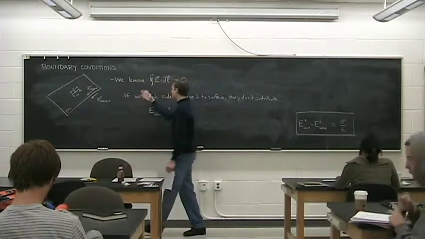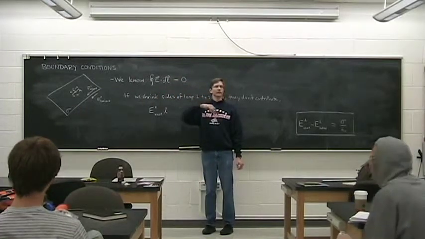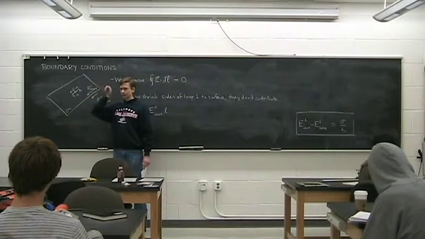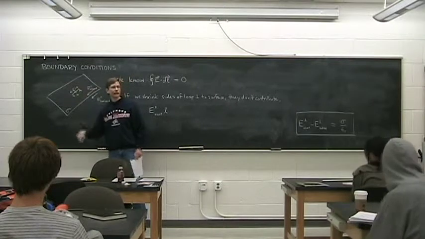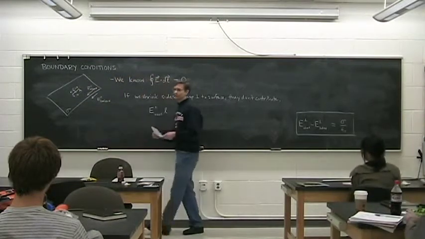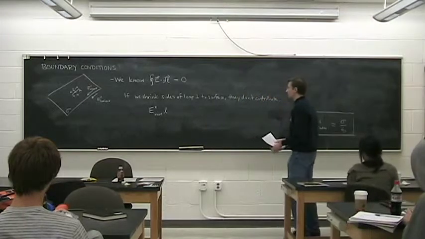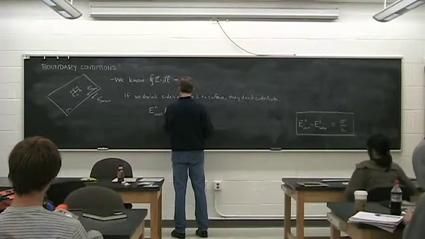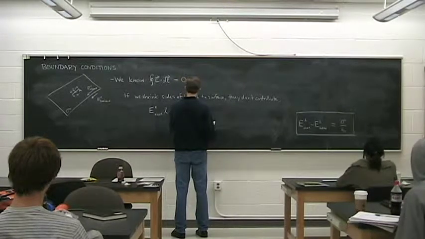And so the line integral of the electric field dot dl just becomes electric field times L, if we've arranged to have the thing going in the same direction that E is parallel to the plane there. Again, if it's not, then you just put in a cosine of an angle to account for that, and that wouldn't really matter. So E parallel above times L minus E parallel below times L.